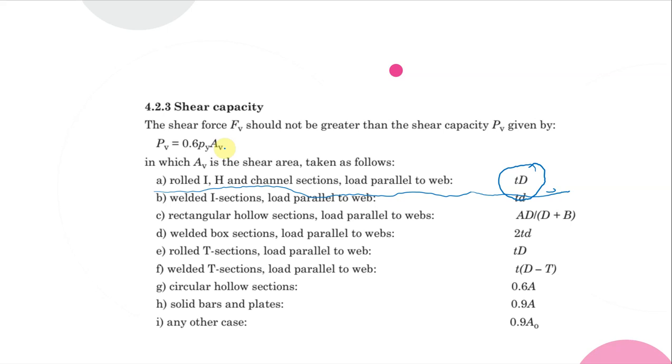Just replace A with TD. You know what T is and what D is, you can see on your section which one it is. So insert the values and you will get its capacity. And then you compare with FV, which is the shear force from the loading you calculated previously. So we will know its shear capacity.